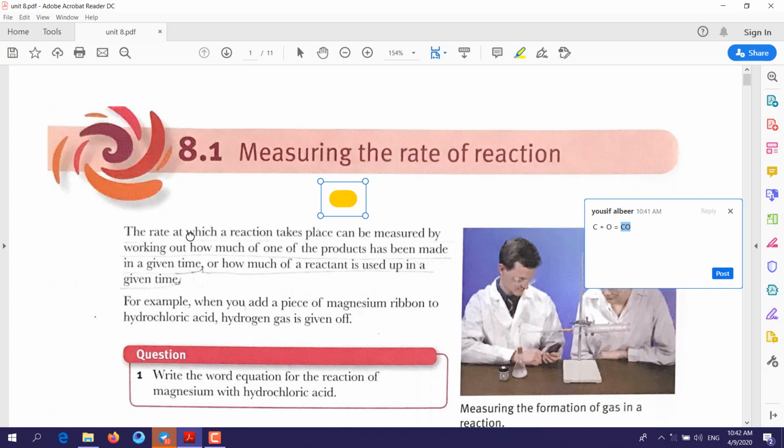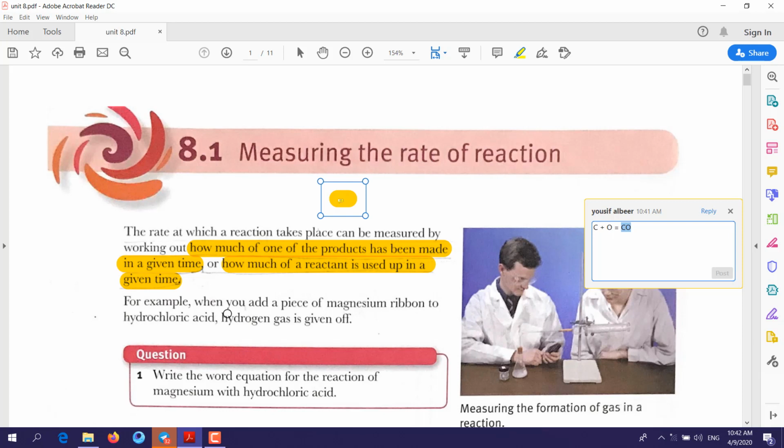So the rate at which a reaction takes place can be measured by working out how much of one of the products has been made in a given time, or how much of the reactant is used up in a given time. In this way, we can measure the rate of reaction, either by depending on the reactants, this side of the formula, or on the amount of products that has been made.